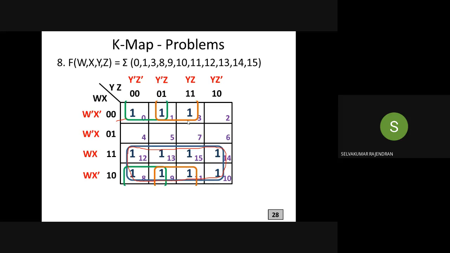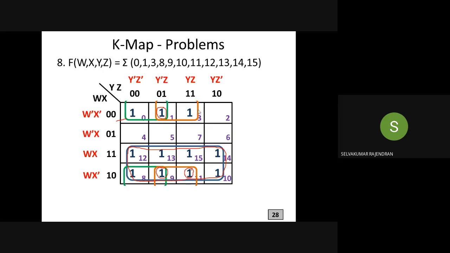While making the third group, it has 3 ones that are all overlapped with the other 2 groups. This one is also available with group 2, and this one is available for group 1 as well as group 2. So these 3 ones are overlapped.